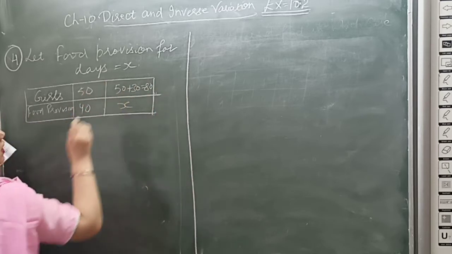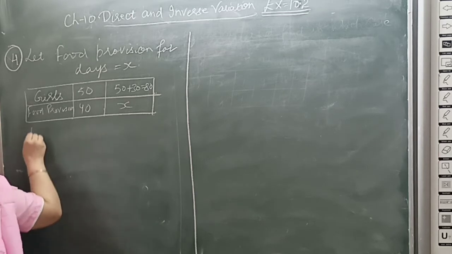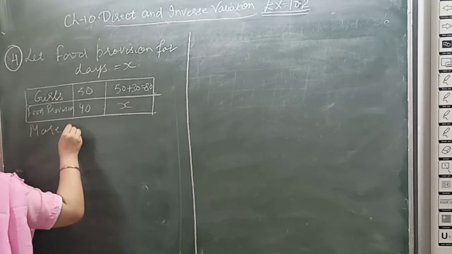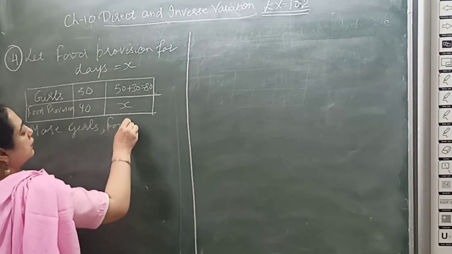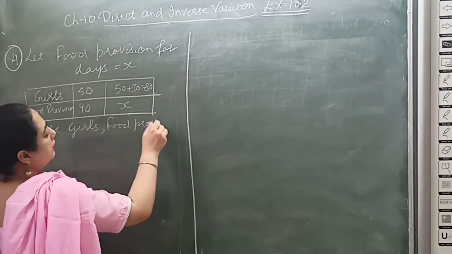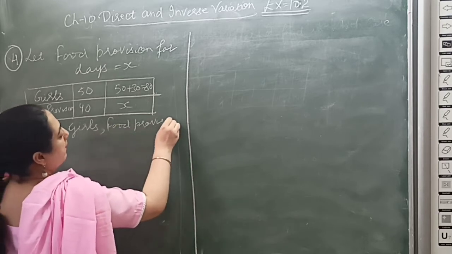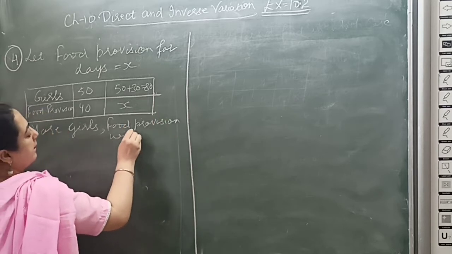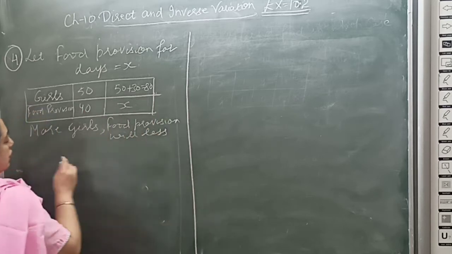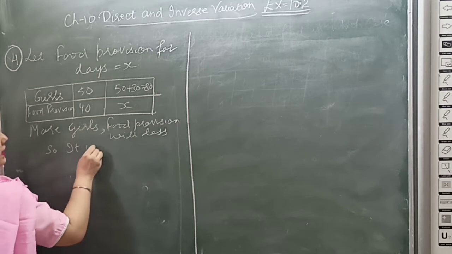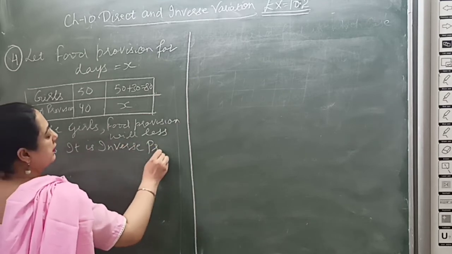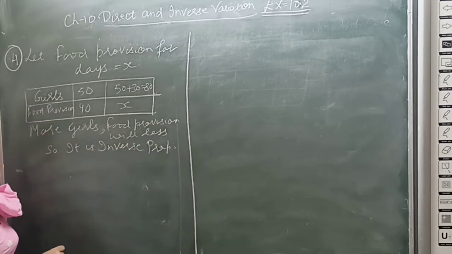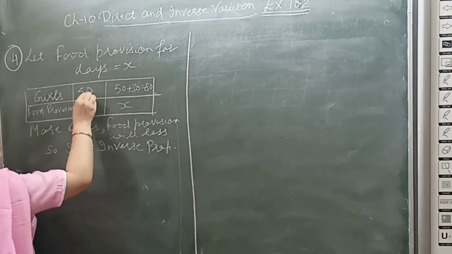Now you have to find out the food. You write down, more girls, food provision will be less. So it is inverse proportion. In inverse proportion, beta, you have to multiply x and y.